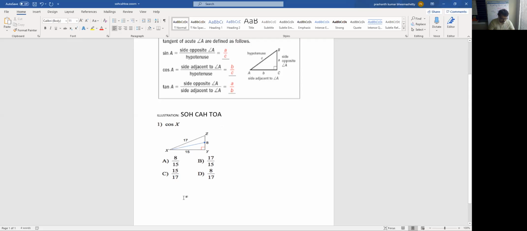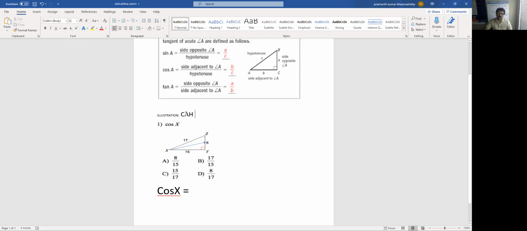Let me explain. So what is cos x? This question is cos x. Cos is adjacent over hypotenuse. What we don't need in this SOHCAHTOA is sine and tan, so I deleted it.